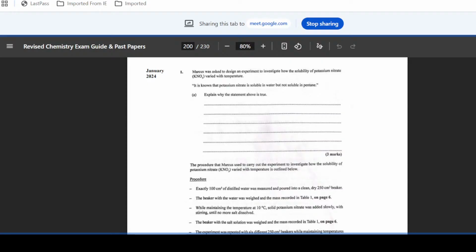If it's polar or non-polar, potassium nitrate. So you have to describe the potassium nitrate as well.